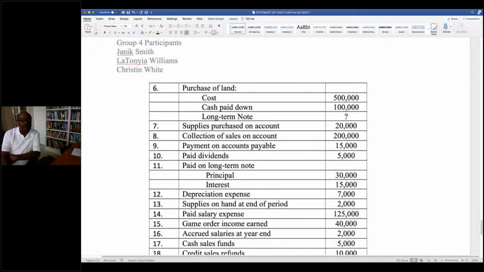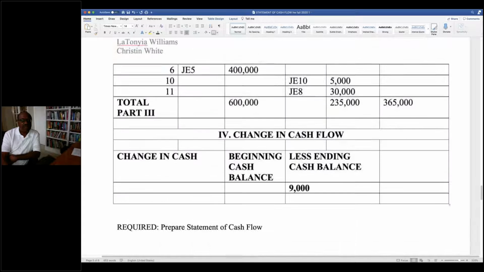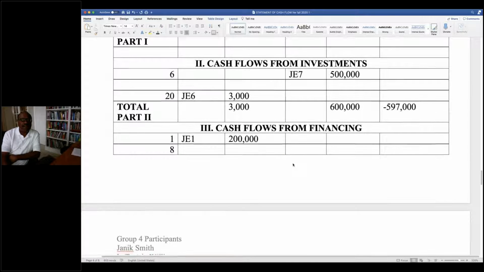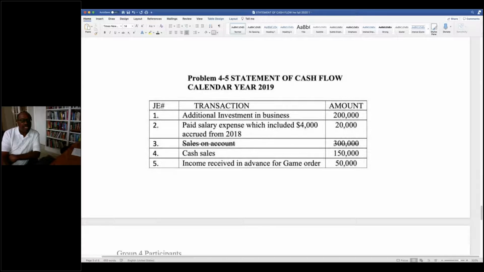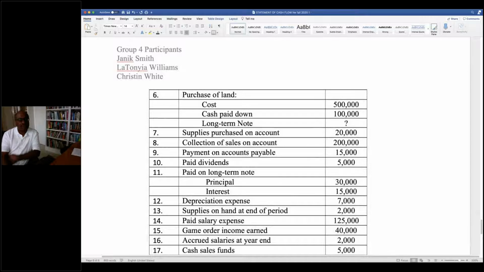Okay, so let's see what else we have here. 12 and 13. Okay, so you should have scratched both of these.